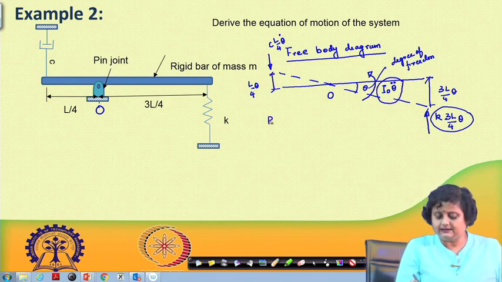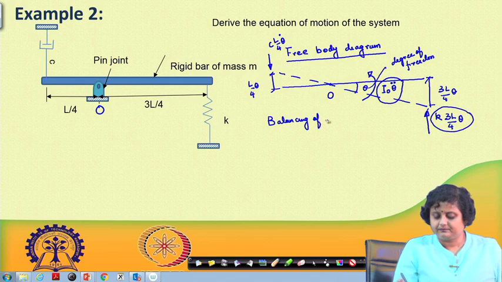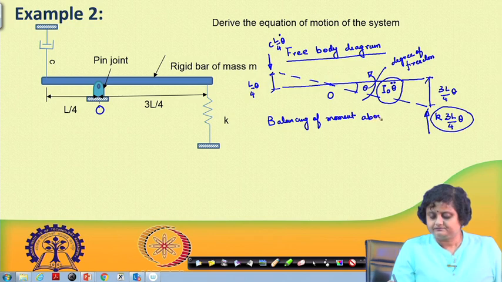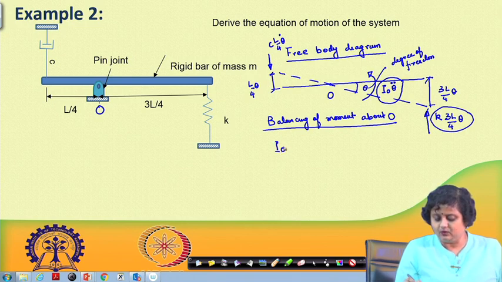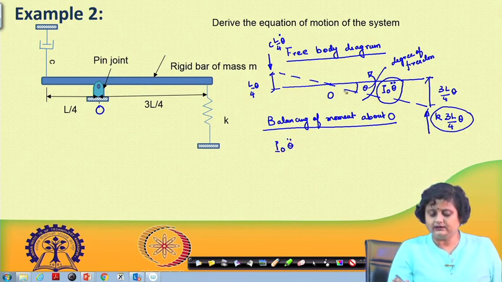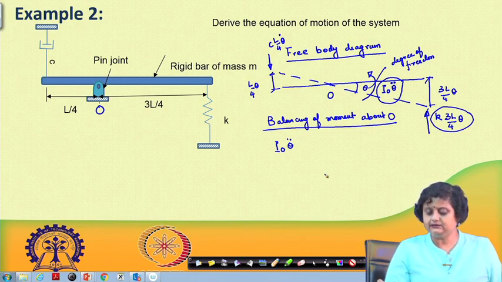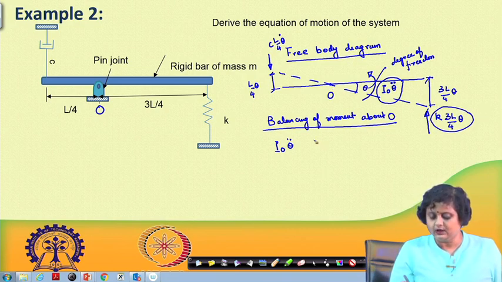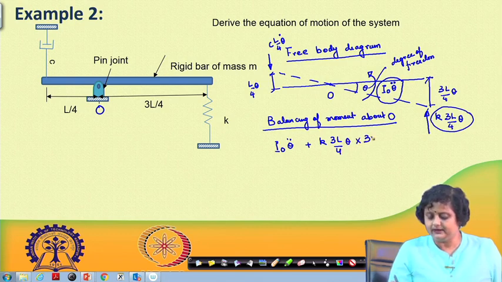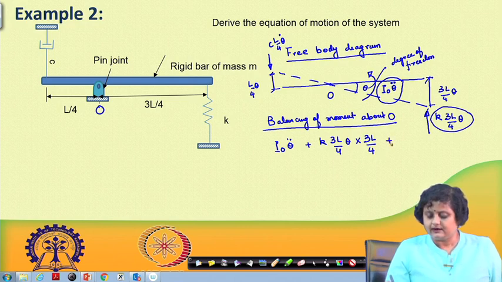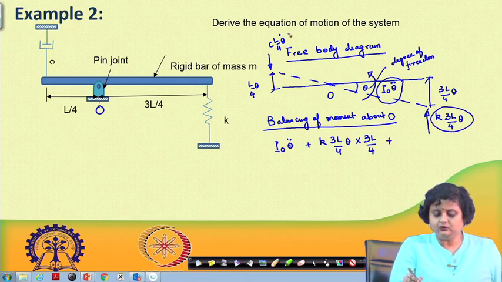Now, if I do the balancing of moments, I will get I 0 theta double dot, that is the inertial moment about O. I have to find the moment of the spring force about O. That is K into 3 L by 4 theta, which is my spring force, into the moment arm, that is 3 L by 4. Then I will write the moment due to the damping force.